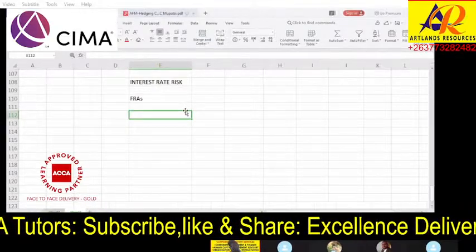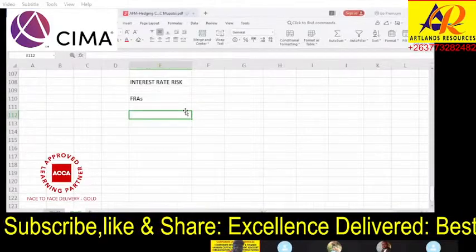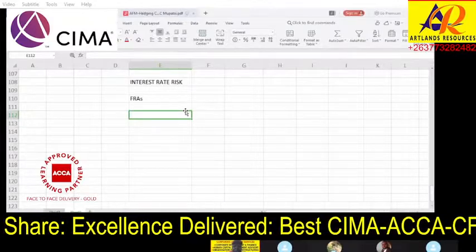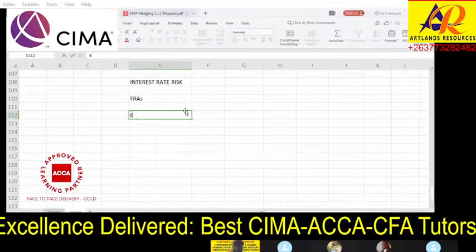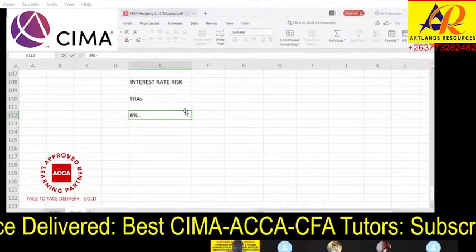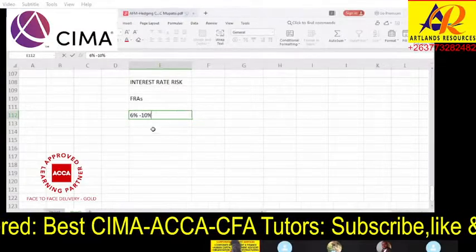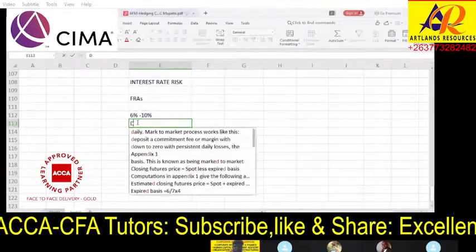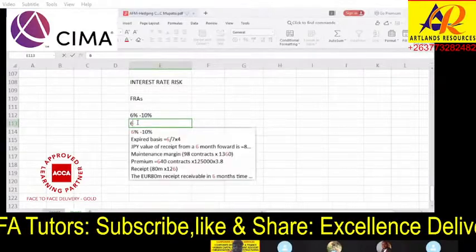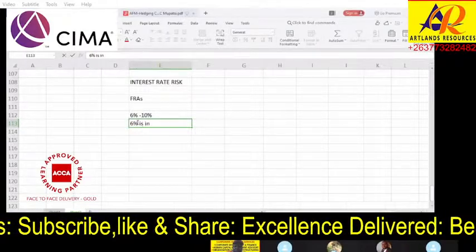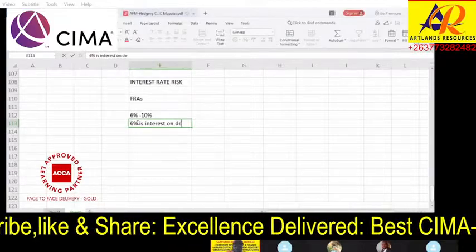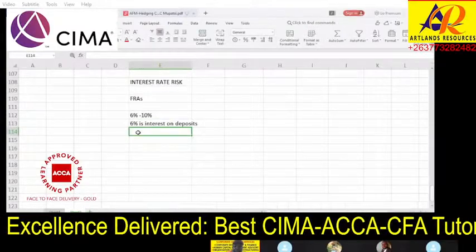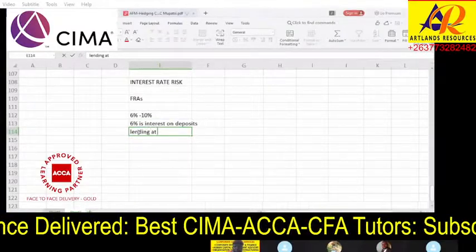Now, you always know that there are various ways a bank can quote an interest rate. A bank can quote an interest rate like 6% to 10%. If an interest rate is quoted like this, it means 6% is the interest on deposits, and the bank is lending at 10%.